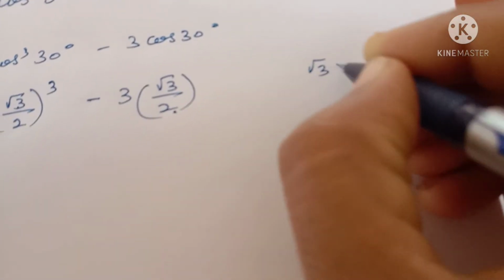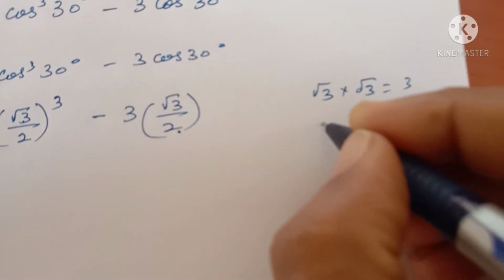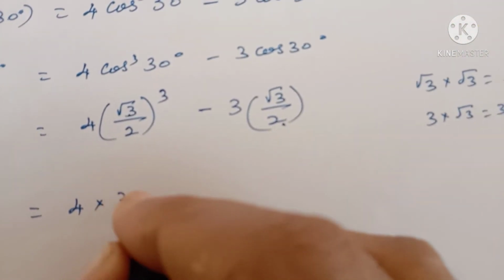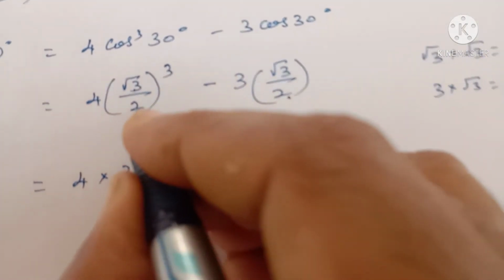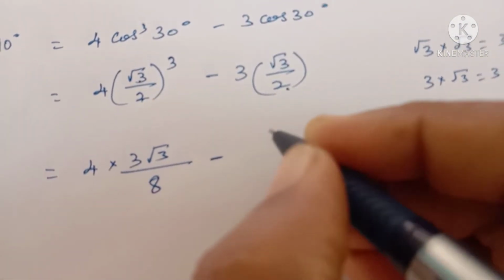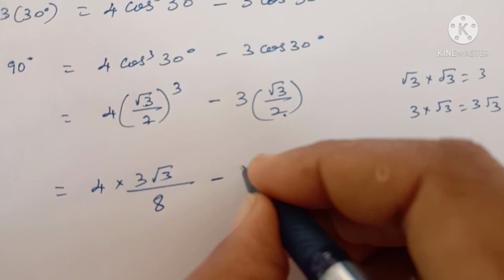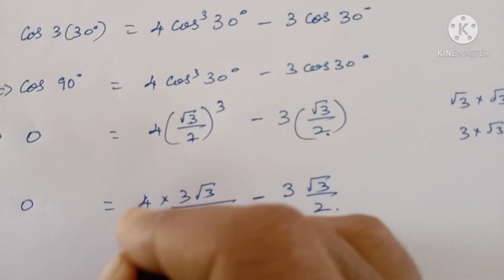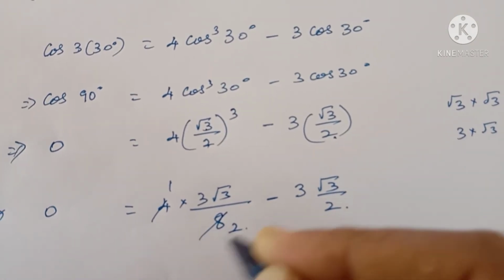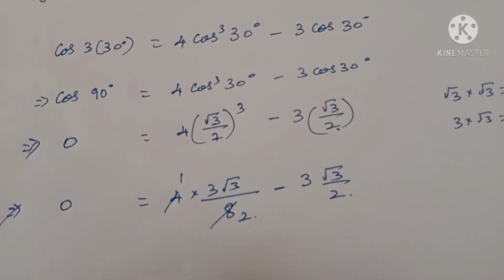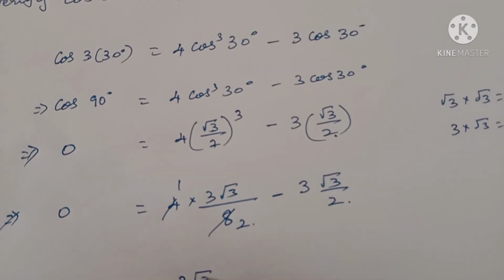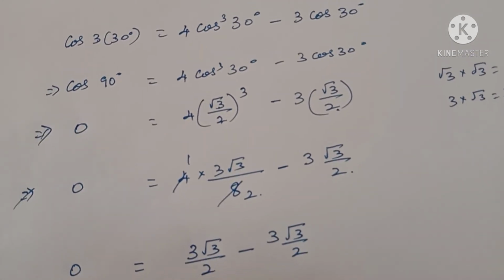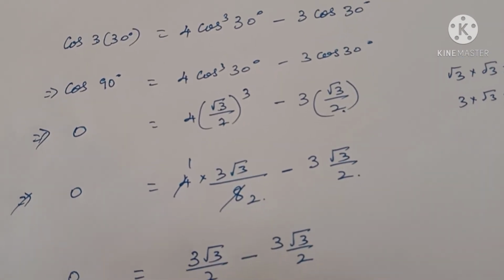See here, root 3 into root 3 is equal to 3. 3 into root 3 is equal to 3 root 3, by 2 2s are 4, 4 2s are 8, minus 3 root 3 by 2. Then in 4, 4 1s are 4, 2s are 0, equal to 3 root 3 by 2 minus 3 root 3 by 2, which is equal to 0. Hence verified.